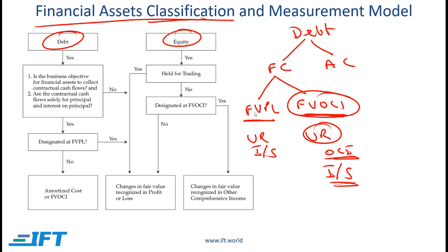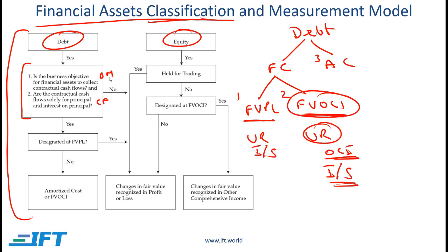Now the question is, how do we determine whether a debt instrument is being classified as FVPL, FVOCI, or amortized cost? And that answer is shown in this flowchart, which has been taken from the curriculum. We initially apply two criteria, and these two criteria have to do with the business model and the characteristic of the cash flows.